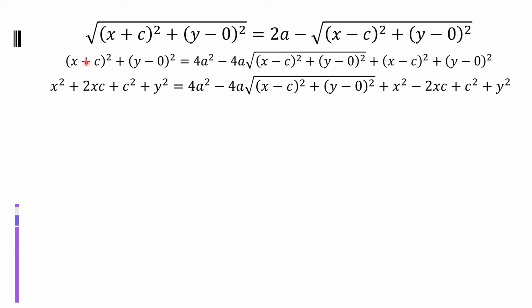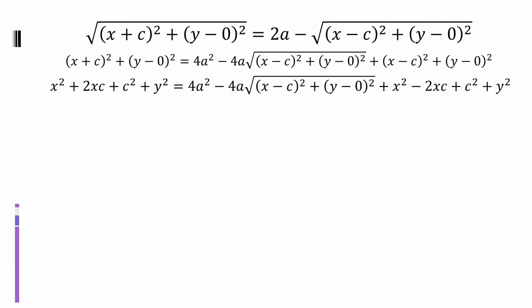And then, kunin natin yung mga squares ng mga naka-squared na term natin. So we have x squared plus 2xc plus c squared plus y squared is equal to 4a squared minus 4a times the square root of this plus x squared minus 2xc plus c squared plus y squared.